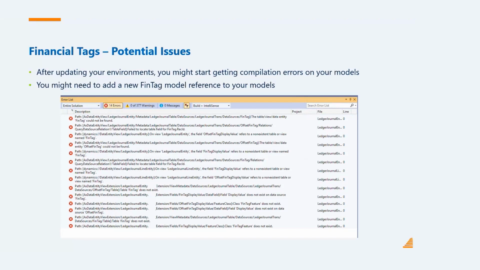So essentially, my custom model should also reference financial tags. The reason is that they have added a new model to AOT. It's called FinTag. So if you see something like that, basically you would need to add an additional reference to your custom models.